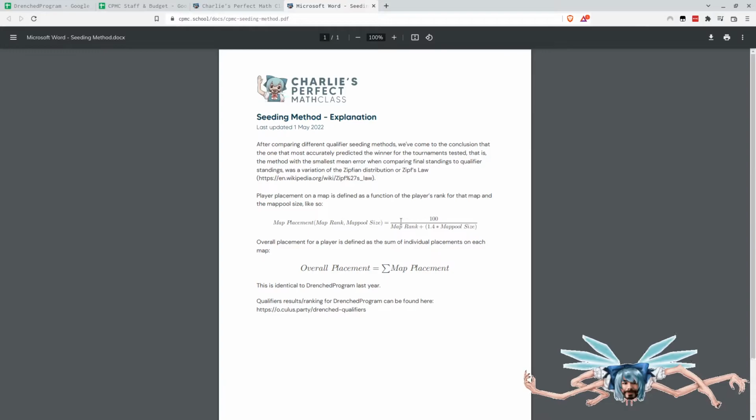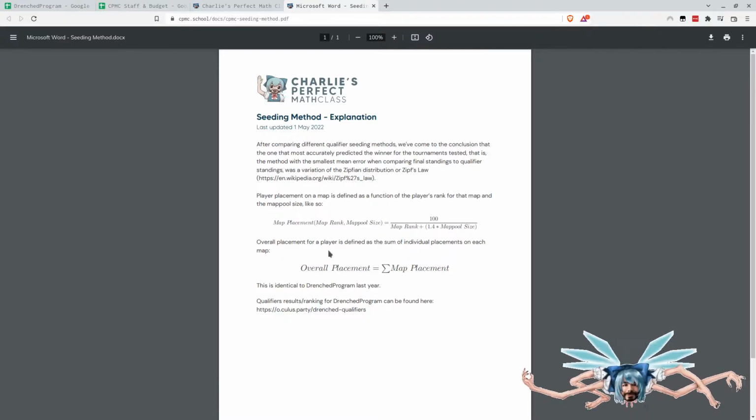And then we modified that to make it less exponential, so that the curve is less steep. So that's what this is, and it depends on Mappool size. We noticed that Mappool size had a correlation, which made sense because it's based on map rank. So the Mappool size would be indicative of the score.